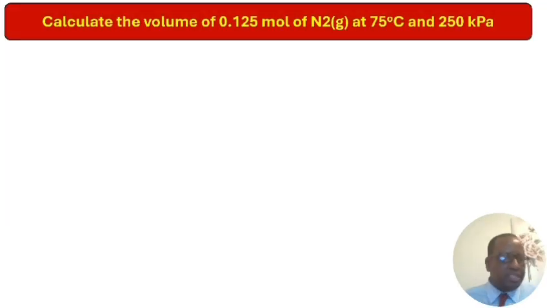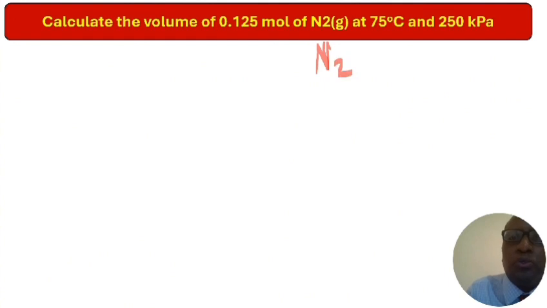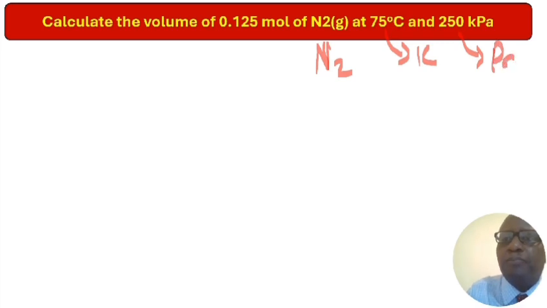Now then, what are we going to do? We're given a question. Calculate the volume of 0.125 mole of N2 at 75 degrees. So the very first thing to look at, sorry, your n should be N2, and we need to convert this to kelvins. We need to convert this to pascals, right?